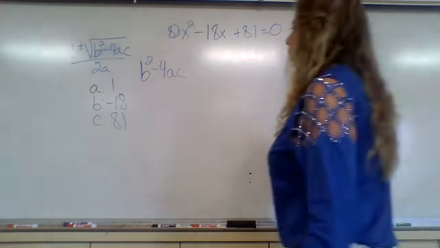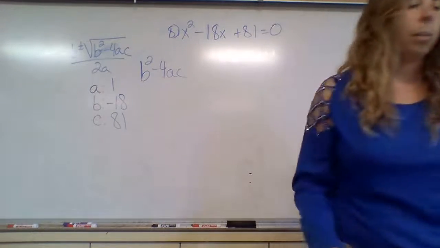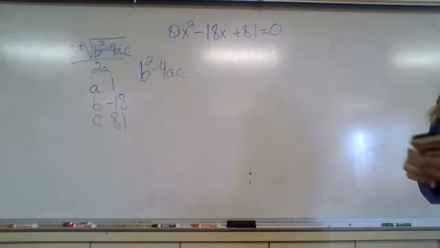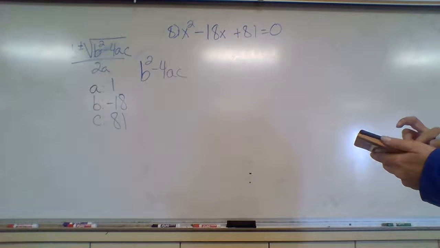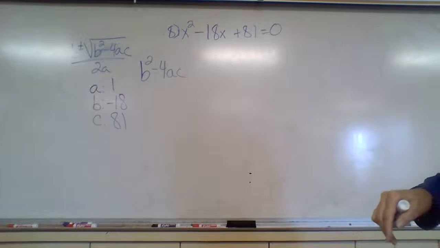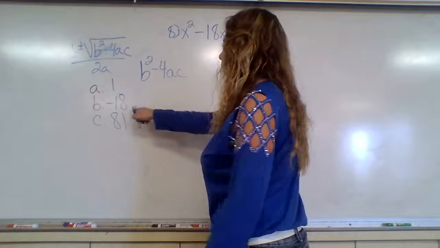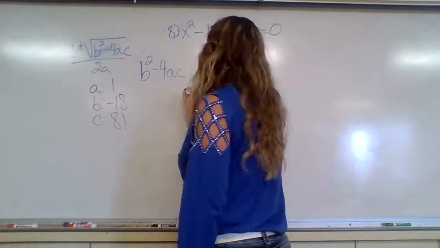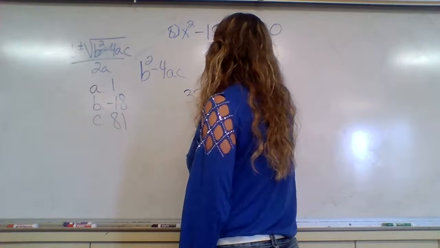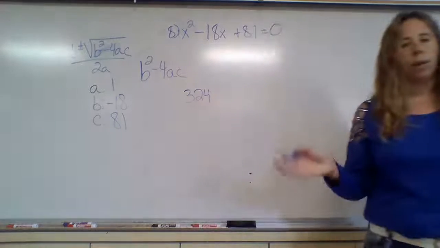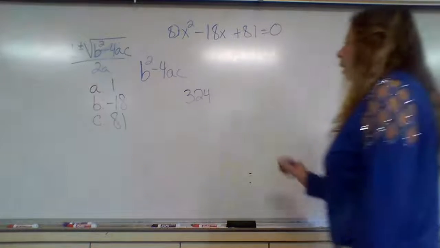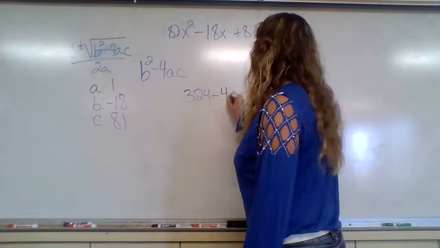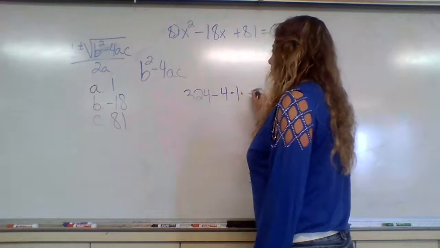Okay, so, ay caramba. So b squared is negative 18 squared, which is 324. I used a calculator. I don't know why you would have that memorized. And then minus 4 times a times c.